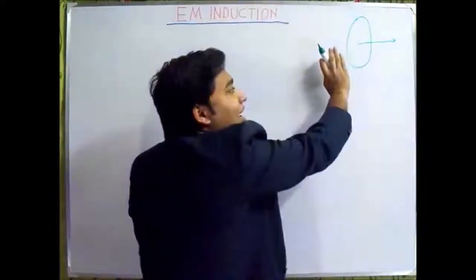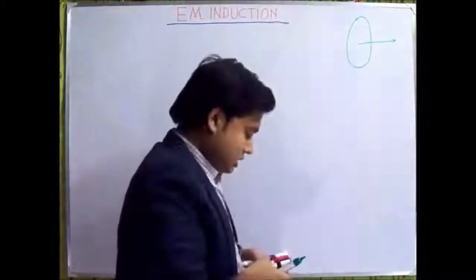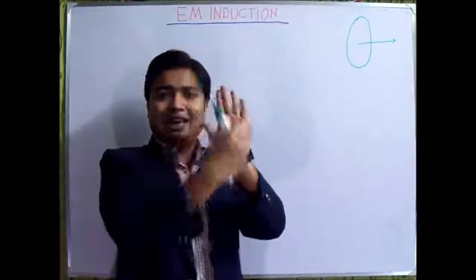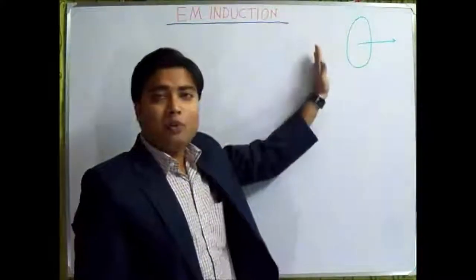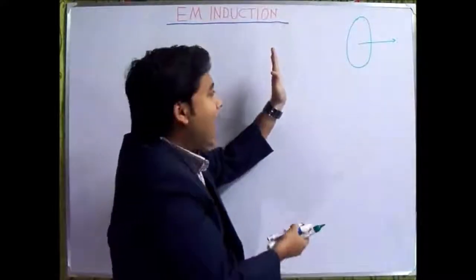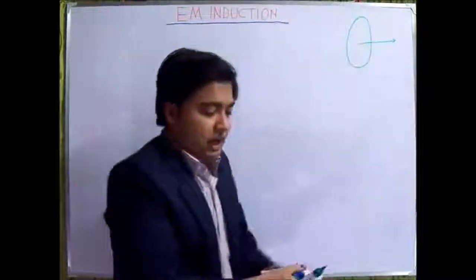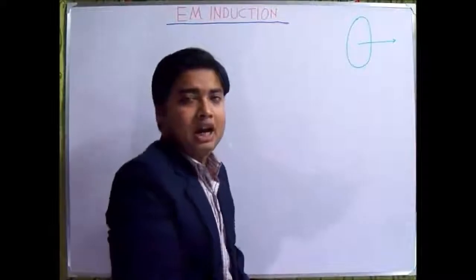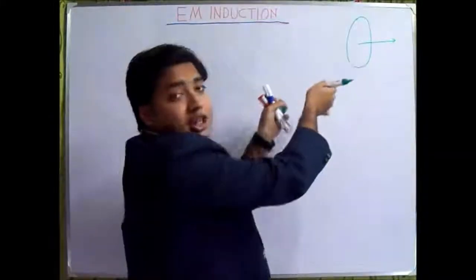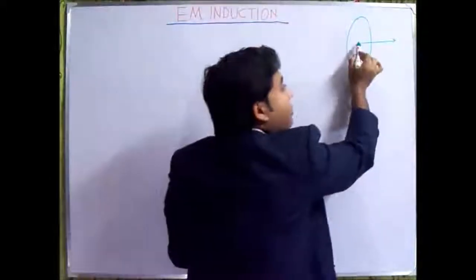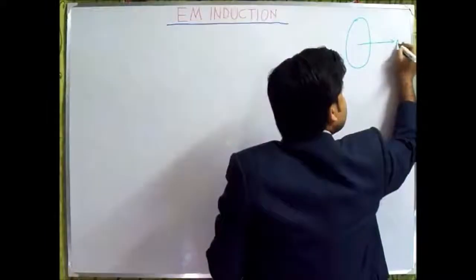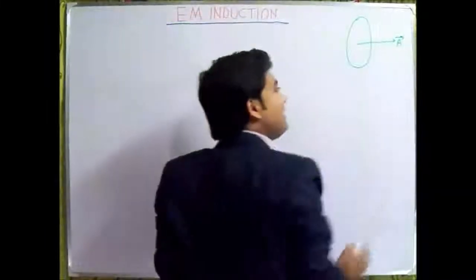Take my hand, for example: it has this area, and the vector of the area will be from my hand in this direction, perpendicular to the plane. So this is A.